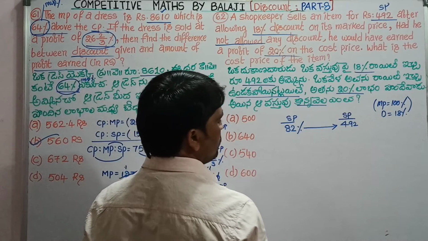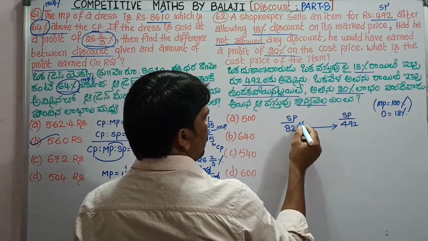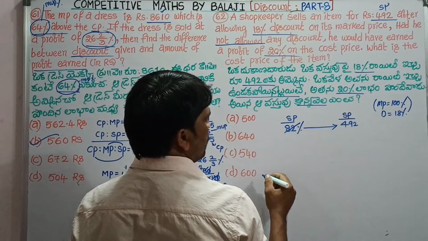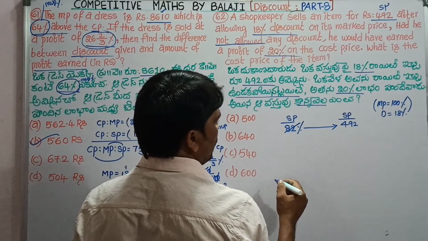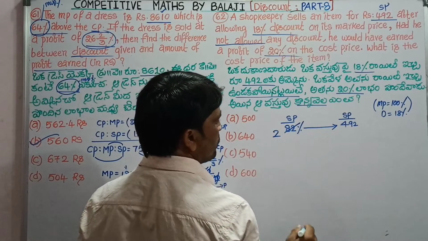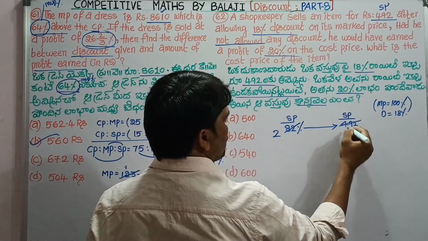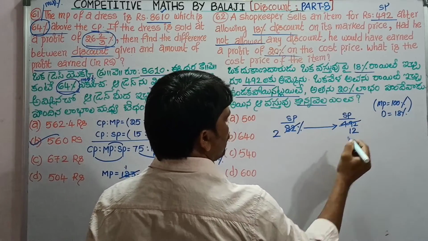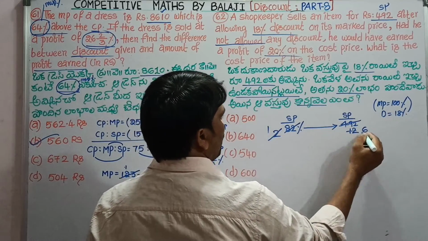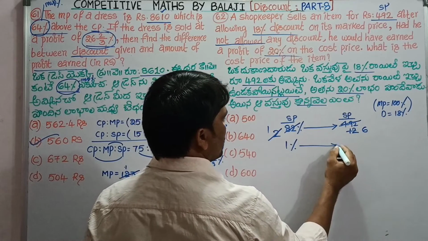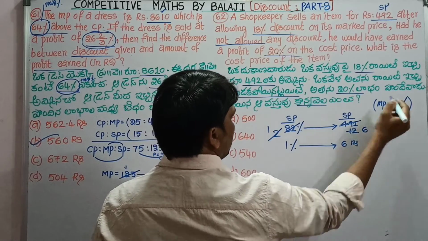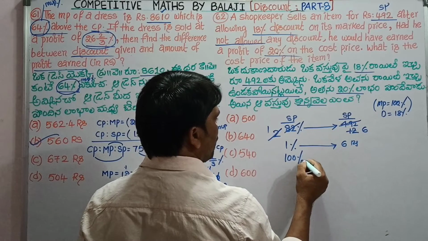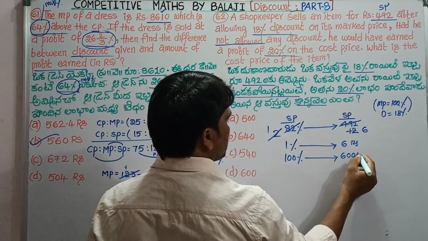Now 41 twos are 82, 41 times 12 is 492. 1% value is 6 rupees. Then 100% value, that is the market price, is 600 rupees.